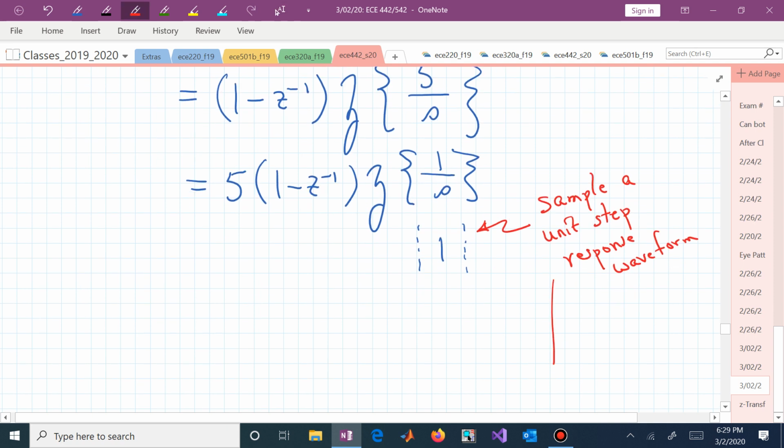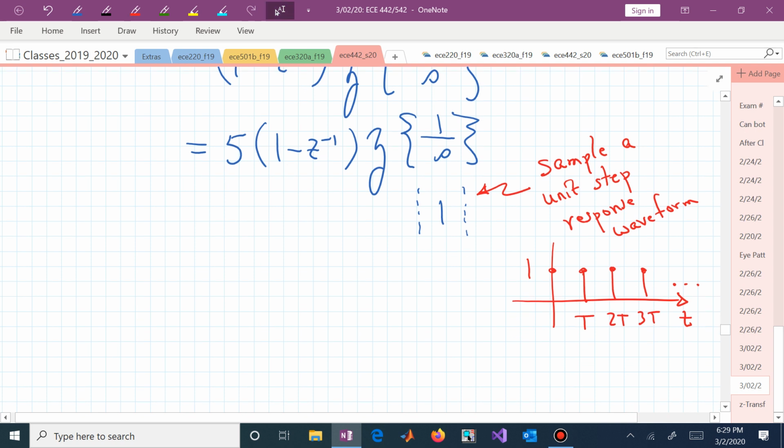Or, in fact, this is what we have. And you can Z transform that. That's 1, 1, 1, where this is t, 2t, 3t.